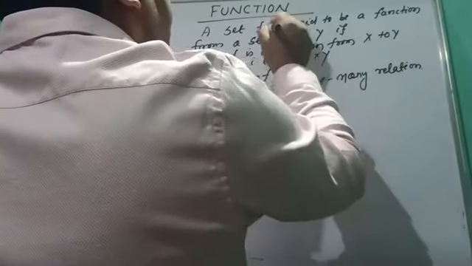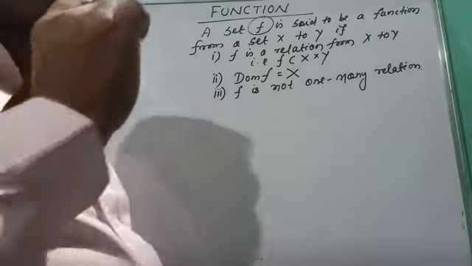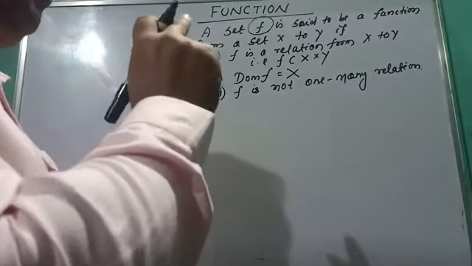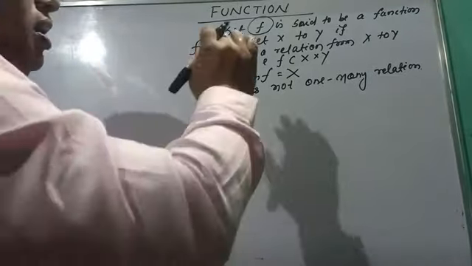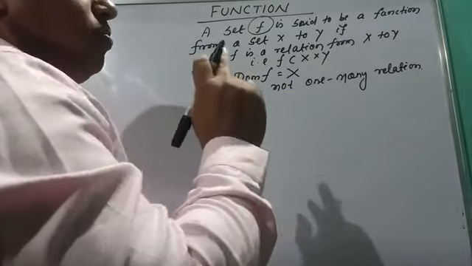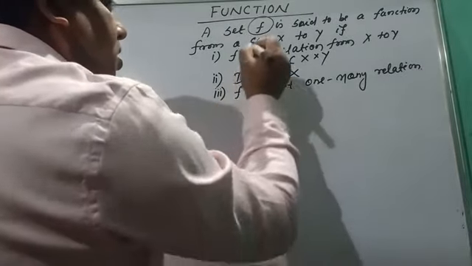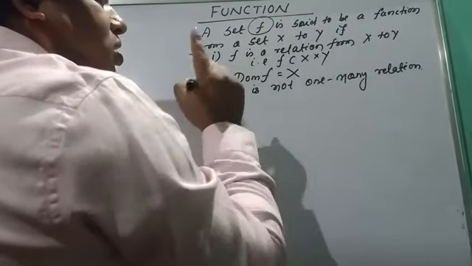Then if a set F satisfies all the three conditions, then F is said to be a function from X to Y. If any one of the conditions fails, then F is not a function from A to B. Already we discussed in first year, that means all the three conditions are satisfied.